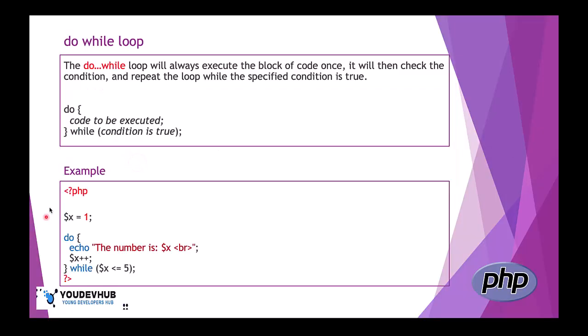Now we are in the do while loop. We talked about the while loop earlier on, which executes while a condition is true. But the do while loop will always execute the block of code once. It will then check the condition and repeat the loop while the specified condition is true. What makes the do while loop different from the while loop is that it always runs once before checking the condition.